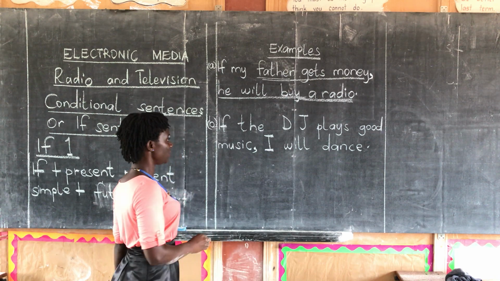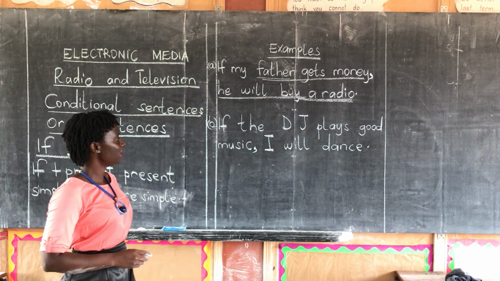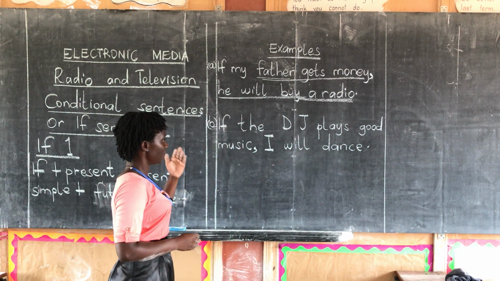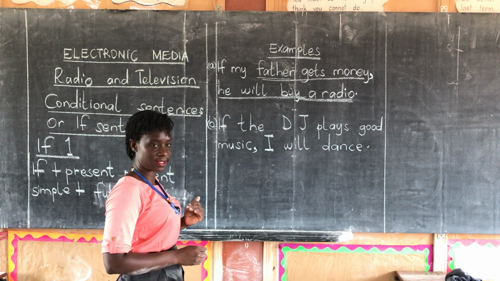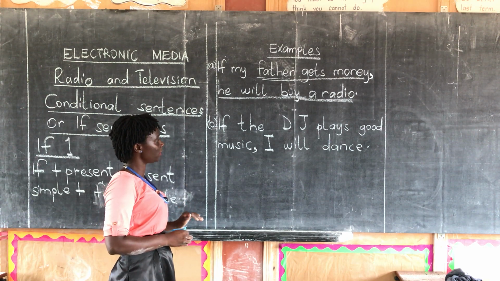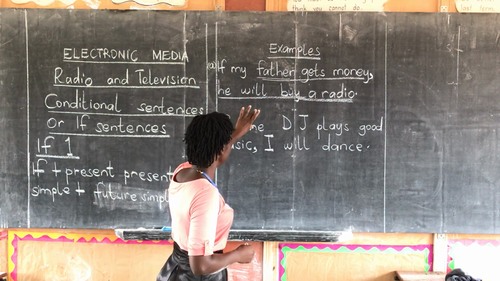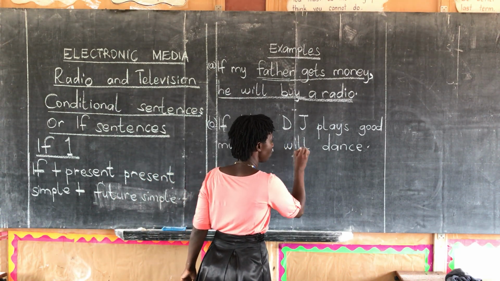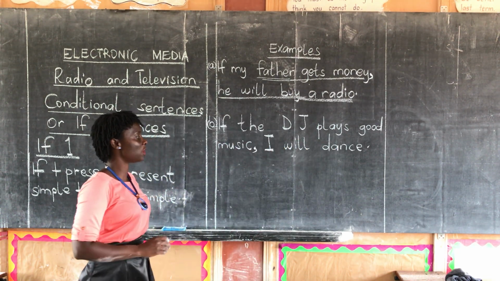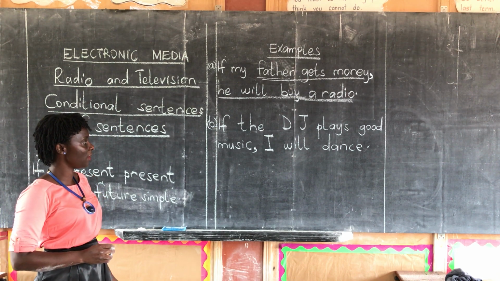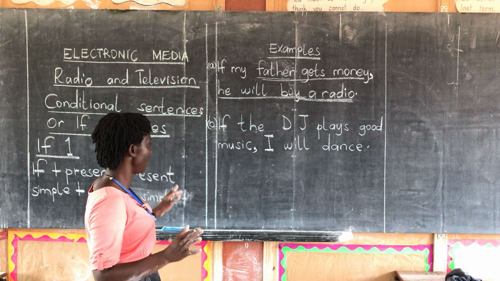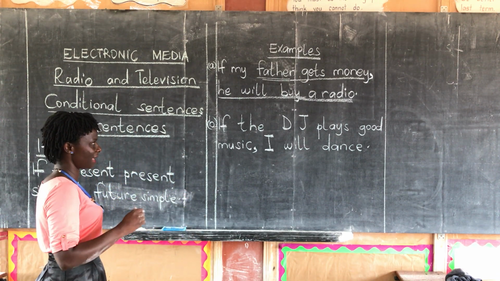If the DJ plays good music, I will dance. Now, the if clause reads, if the DJ plays good music, and the if clause is in the present simple tense. The main clause says, I will dance. The main clause is in the future simple tense. Now, these are if one sentences, like we've learned in our previous classes.